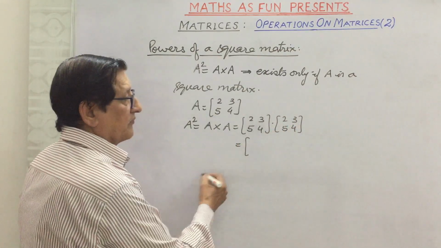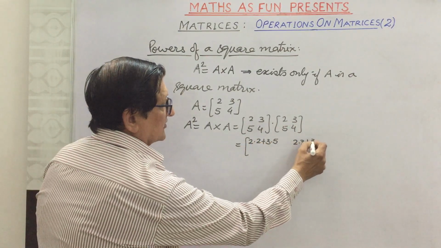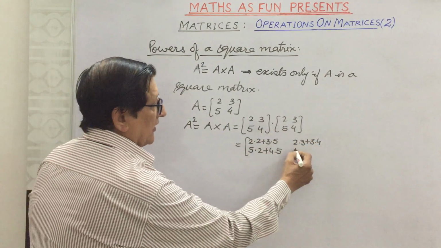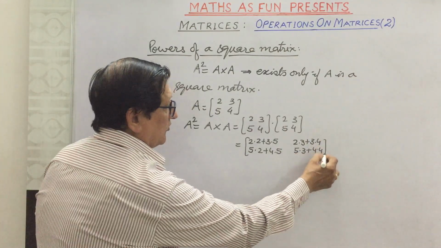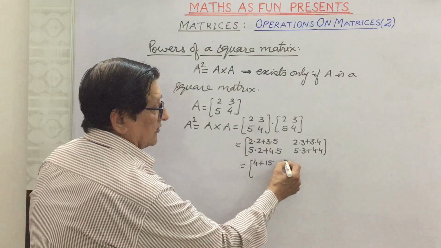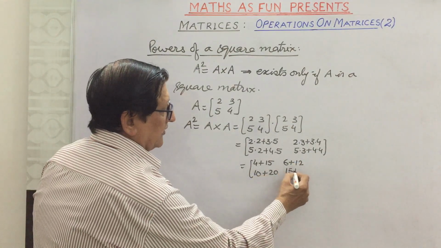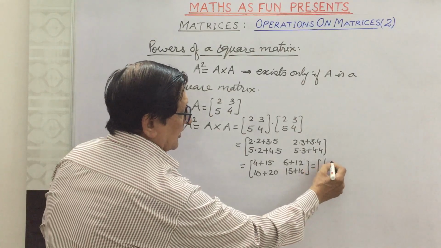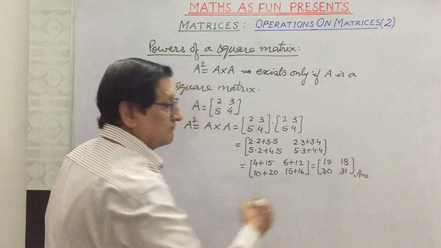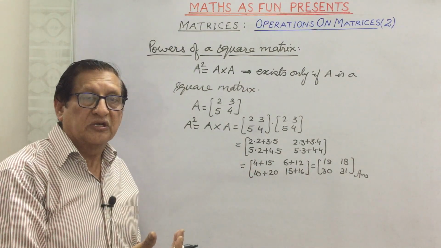When we multiply, we get 2 into 2 plus 3 into 5, 2 into 3 plus 3 into 4, 5 into 2 plus 4 into 5, and 5 into 3 plus 4 into 4, which is equal to 4 plus 15, 6 plus 12, 10 plus 20 and 15 plus 16. This is now 19, 18, 30 and 31. This is the answer. So like this we can find out the square of a matrix by multiplying it by itself.